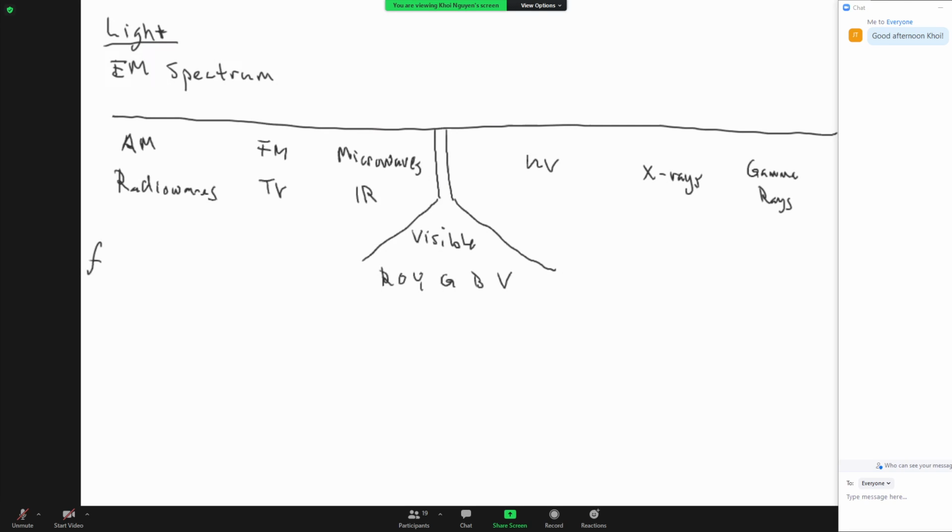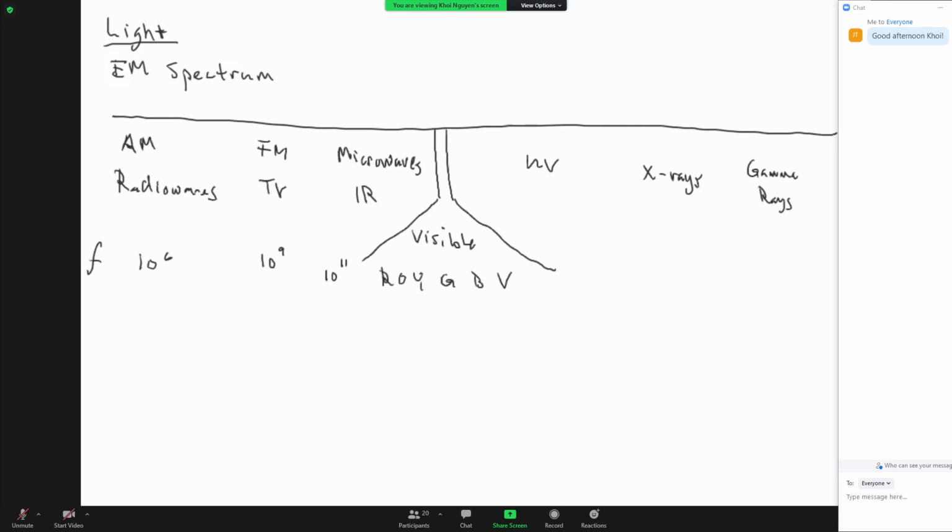The thing that I want you guys to know are their frequencies, because frequency, later when we talk about equations, you'll see it's directly related to energy. So AM and FM and radio waves are around 10 to the 6, FM and TV waves are around 10 to the 9th. Microwaves are 10 to the 11th.